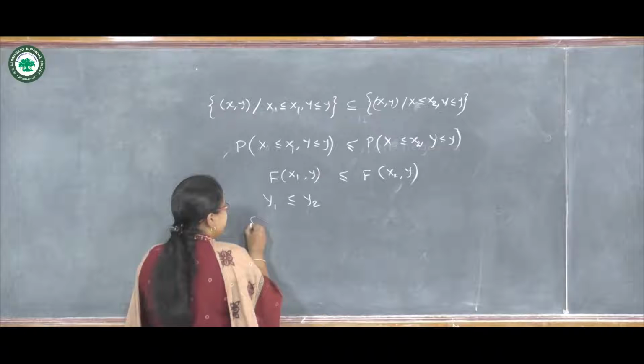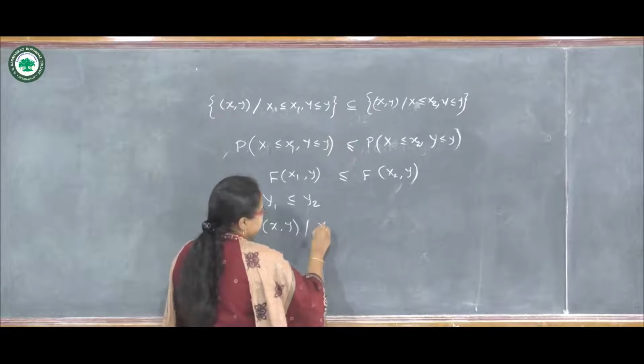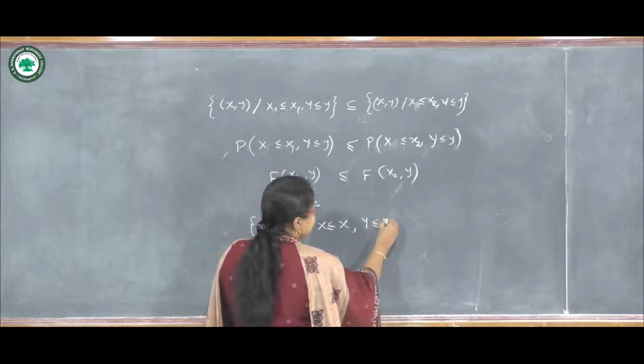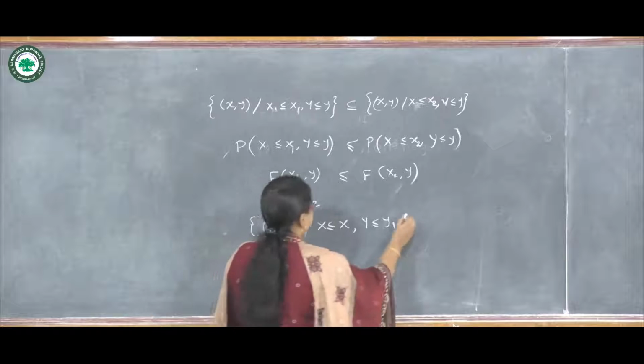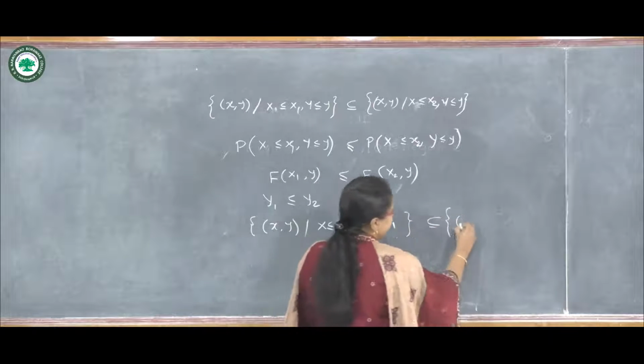That is, we will write down its range set. So x comma y, given that nothing is given about x, this y is less or equal to y1, this must be a subset of the range set.